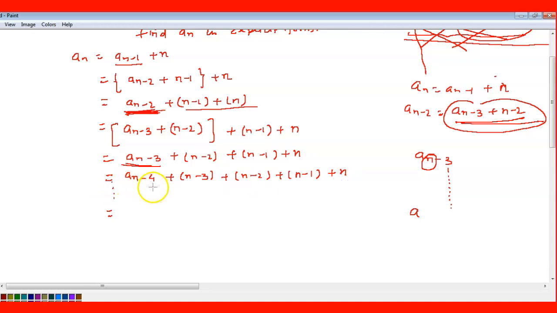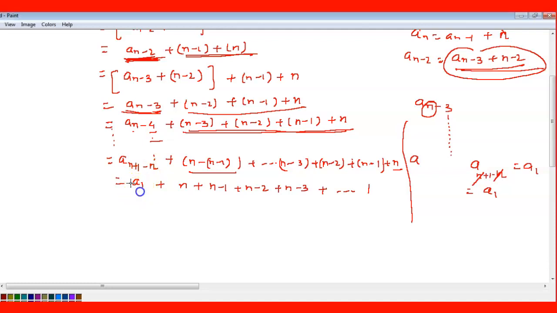This goes on up to n, right? This is a1. Now I have written this in reverse order: this is n, this is n minus 1, this is n minus 2, this is n minus 3, and so on. The n and n will get cancelled, and plus 1 will come. Now I add and subtract one: a1 minus 1.